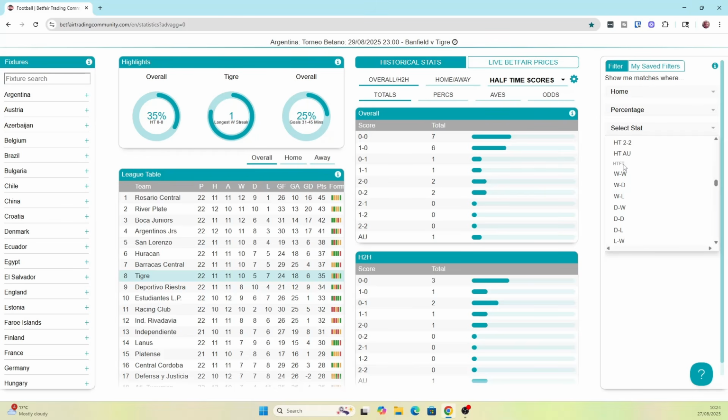Half-time, full-time is a market where you bet on whether they're going to basically win both halves, or what the result's going to be in both halves. So a win-win for the home team would be that the home team would have to win both halves. So they might win the match 2-0, but they'd have to then win each half 1-0. So they'd have to win the first half.